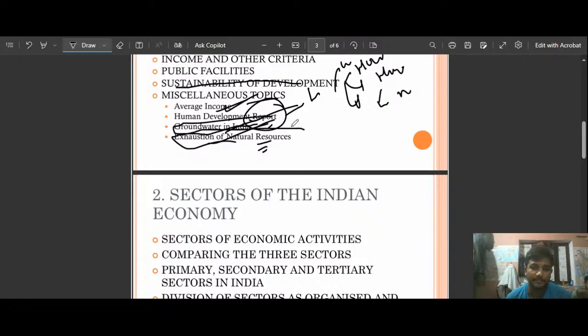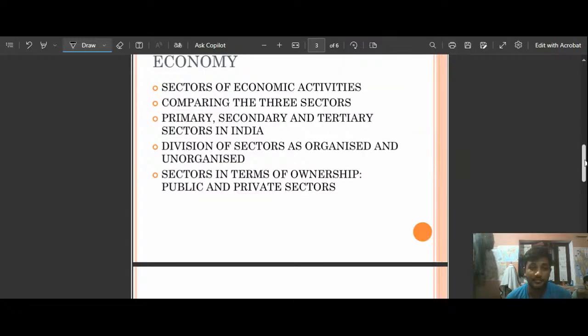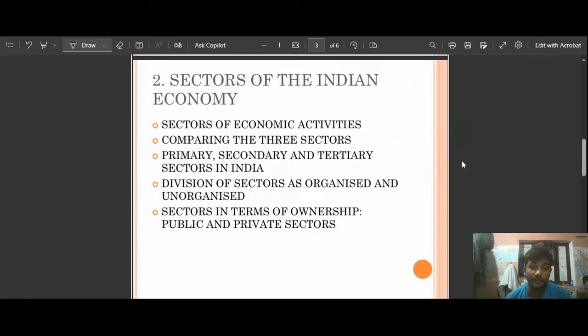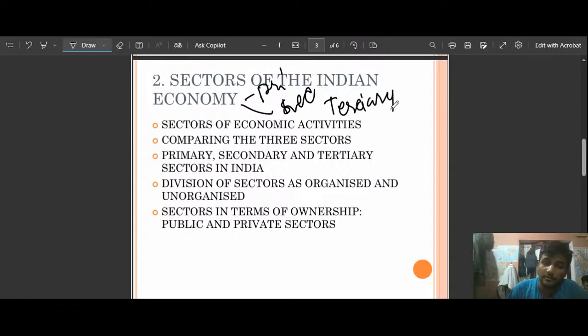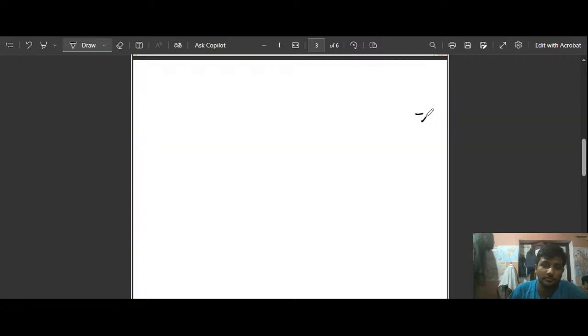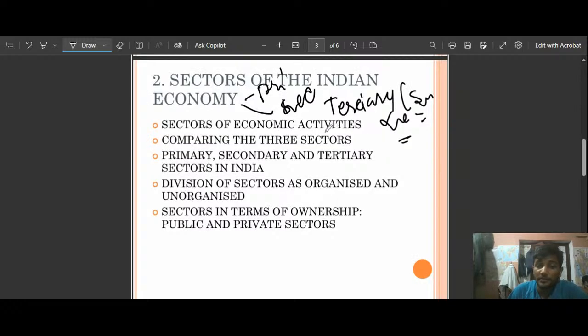The second chapter is sectors of the economy, the Indian economy, like the primary sector, secondary sector, tertiary sector. The tertiary sector we can say is the service sector, and so on. Sectors of economic activities, comparing the three sectors.